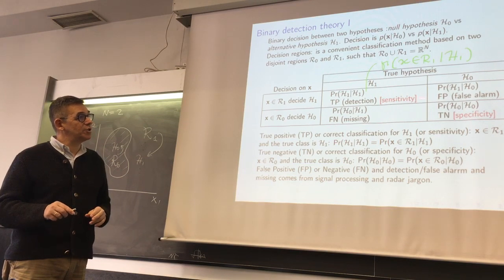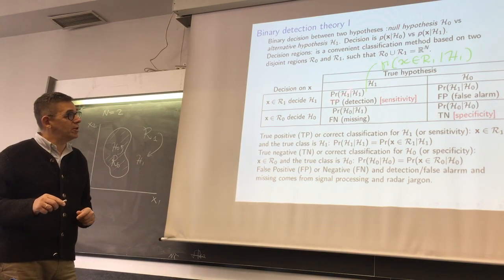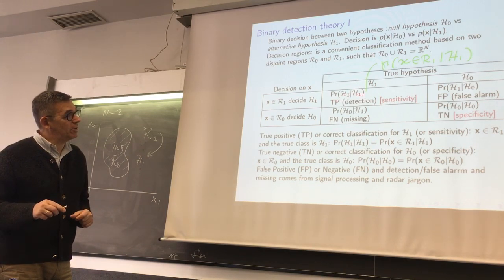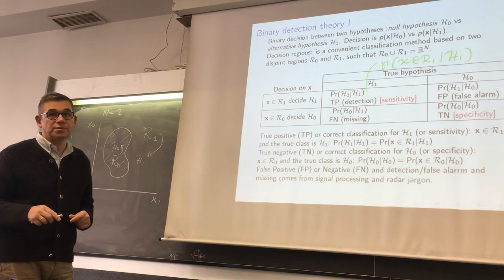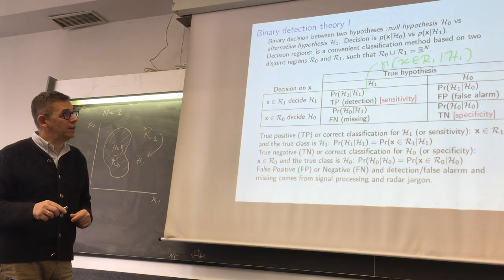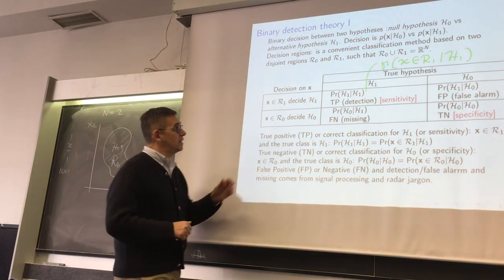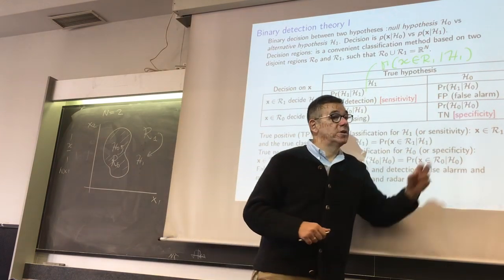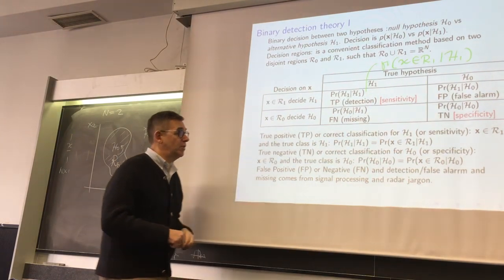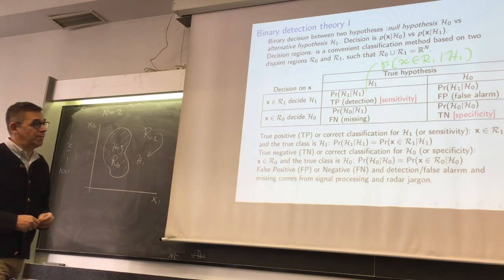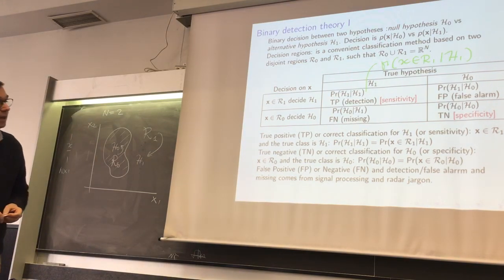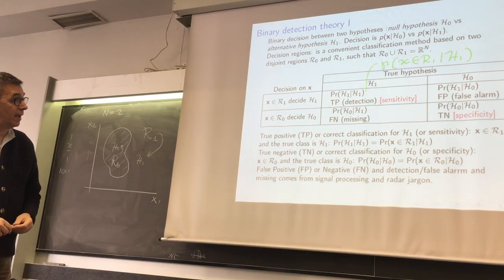This is for the mathematicians: it's enough to know the detection probability and the true positive and true negative, and I can get all the others. For the radar, I want to have the detection and the false alarm. But it's a matter of application area.